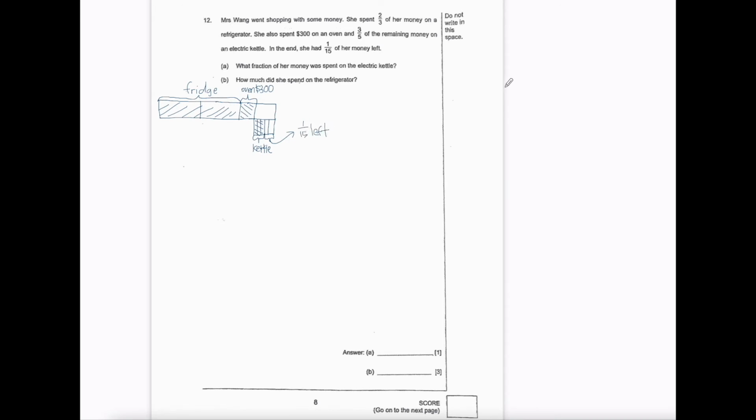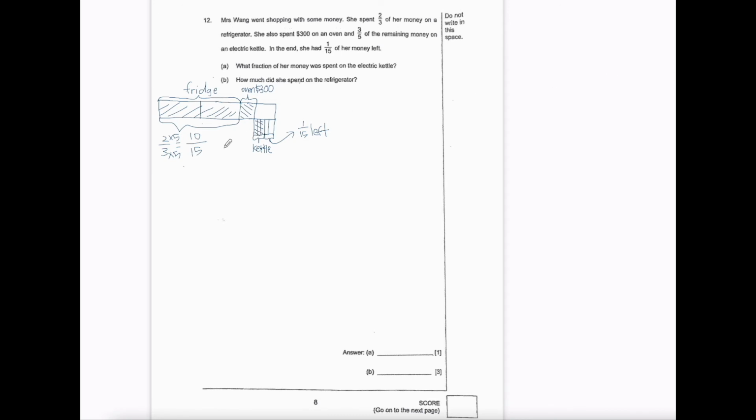Alright, so what does this mean? Fridge is 2/3, right? Let's make it over 15 also. So this is in fact 10/15.